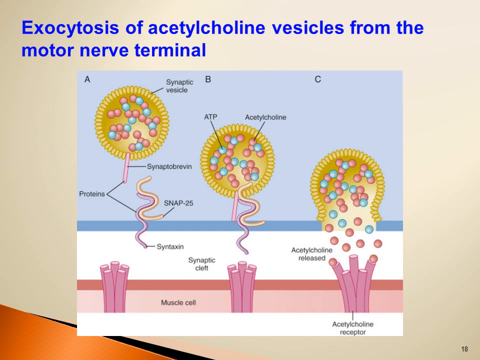For instance, one of the SNARE proteins is synaptobrevin, which is present in the synaptic vesicle membrane, and we have another 2 SNARE proteins, syntaxin and SNAP25. The interaction between them will prime the synaptic vesicle and prepare it for fusion with the presynaptic membrane to open through a pore and release the acetylcholine that will diffuse across the synaptic cleft to bind to acetylcholine receptors.